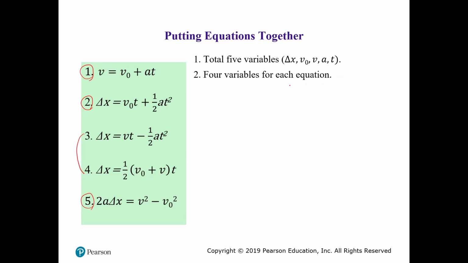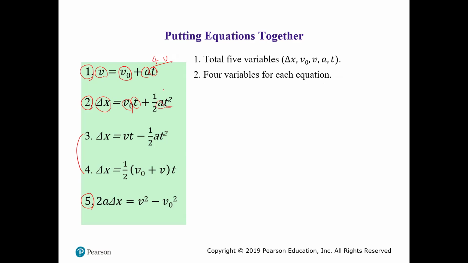The next thing is that there are four variables in each equation. If you look at equation number one, it consists of v final, v initial, a, and t. So only four variables, right? How about equation number two, for example? It has delta x, initial velocity, time, and acceleration.